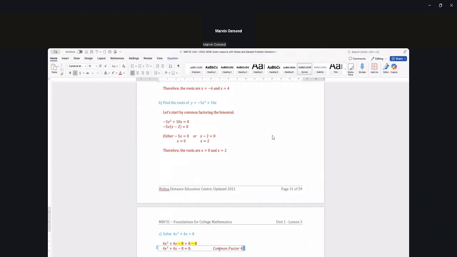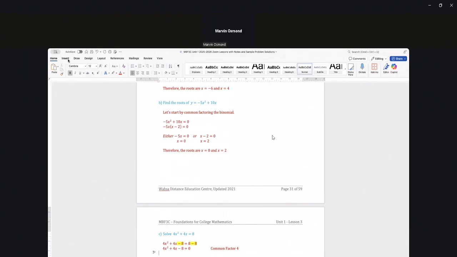So when we come down here, what does that leave us with when we common factor the 4?